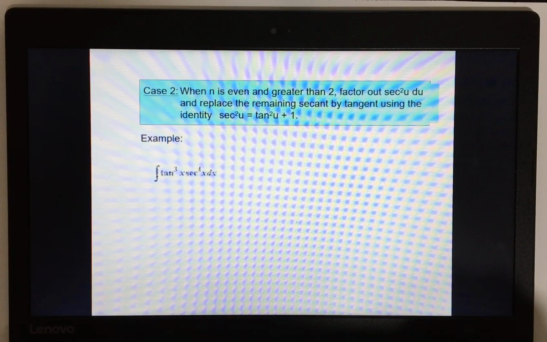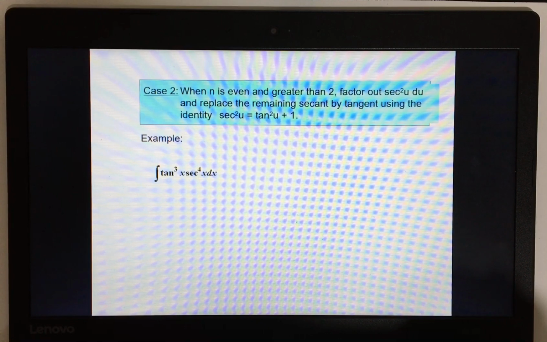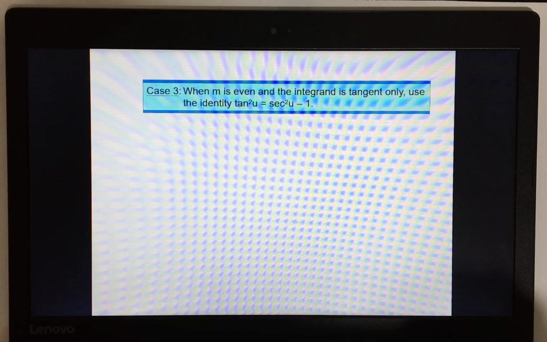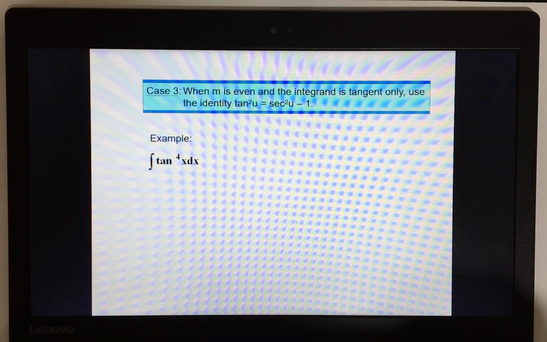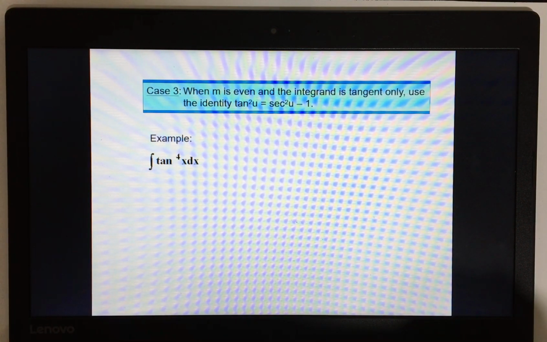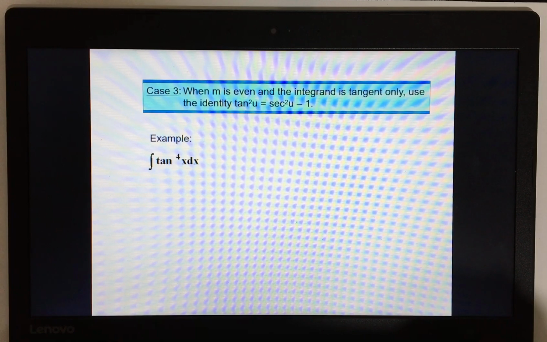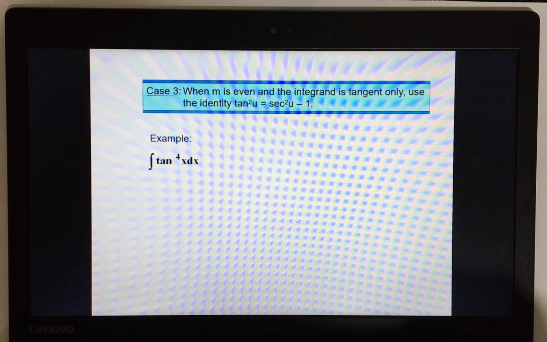So we have this case 2, then we solve this problem. Then we have case 3, okay. So for case 3, we have when m is even and the integrand is tangent only, so we have to use the identity tangent squared u equal to secant squared u minus 1. So we solved that problem also.